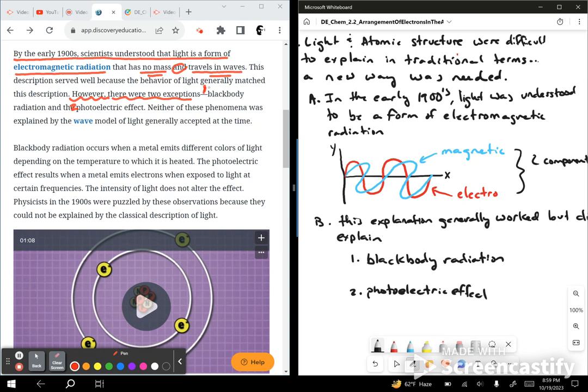Okay, so on the next paragraph here, it goes and explains blackbody radiation occurs when a metal emits different colors of light depending on the temperature to which it is heated. Okay.